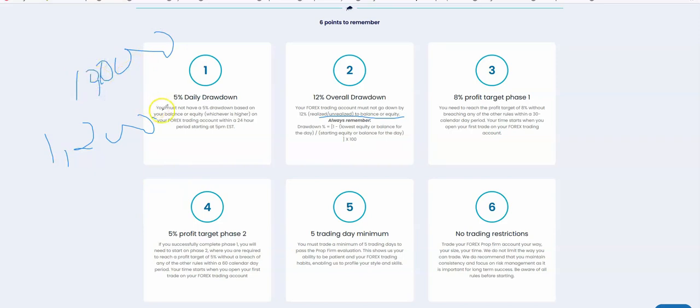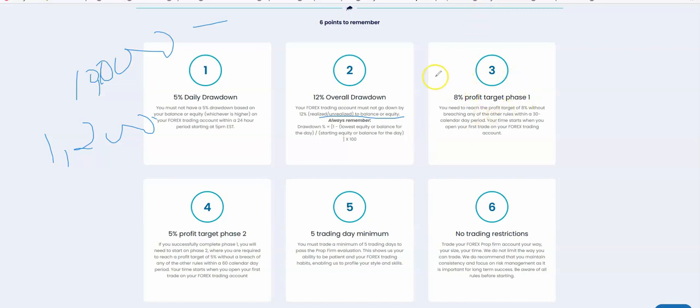Alright? That's what it's saying. So in this regard, you lose the account entirely, either on balance or equity. Whatever you have as a minus on this account from that 10,000, you're out.